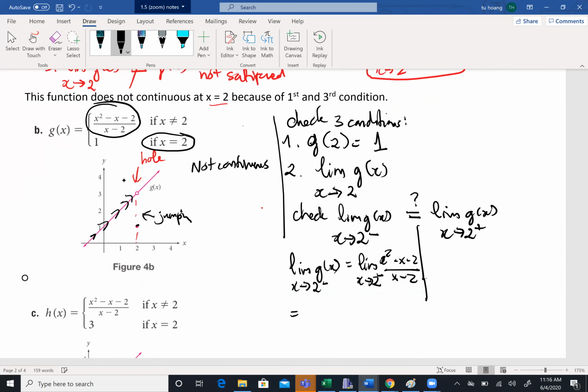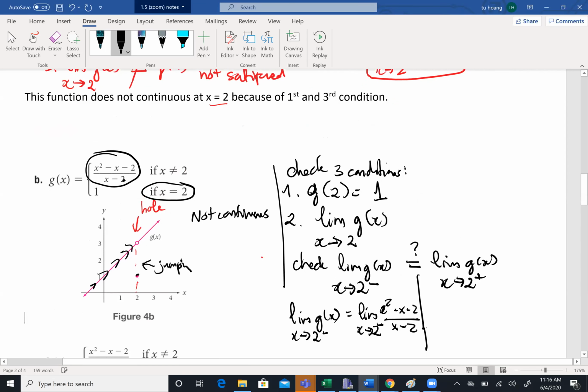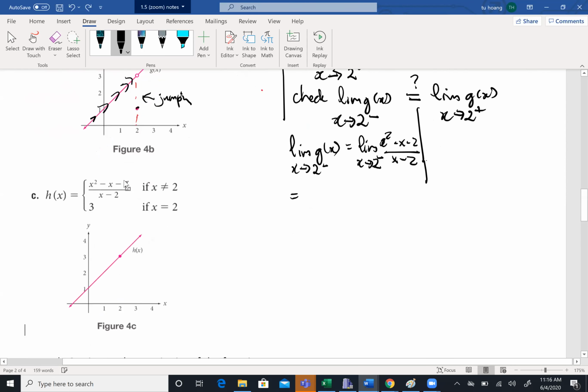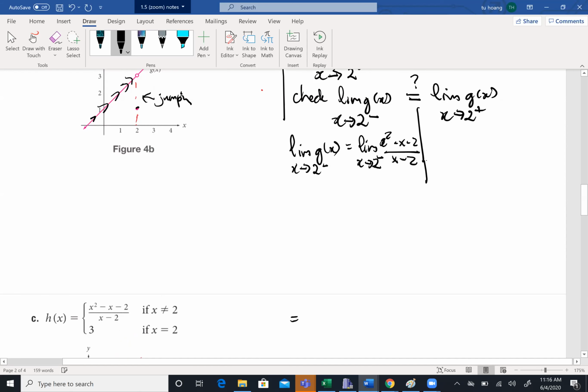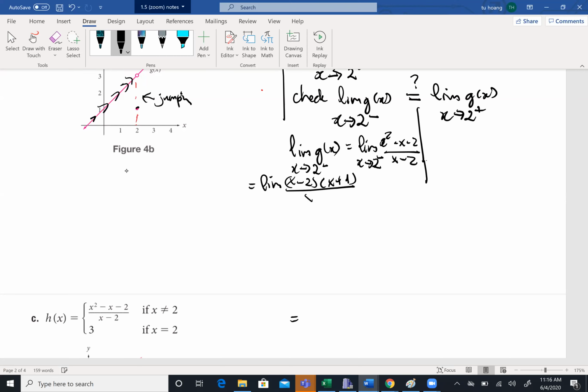So I'm going to change it to the limit of (x minus 2)(x plus 1) divided by (x minus 2) for x going to 2 from the left-hand side.